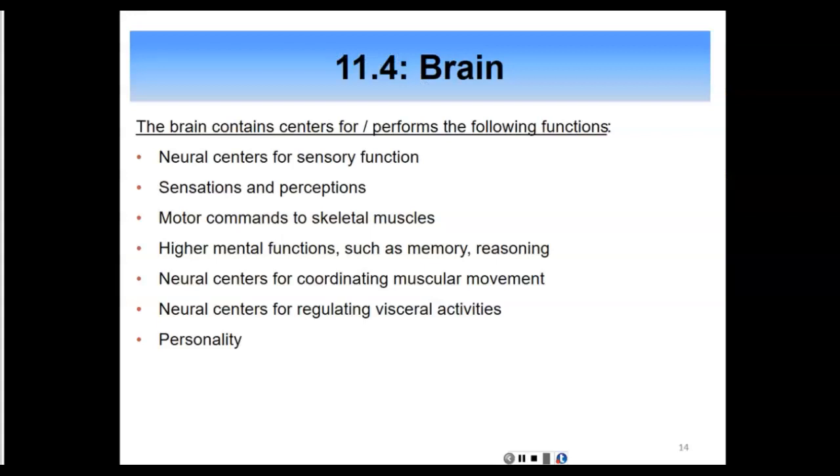All right, moving on to the brain. Well, we were on the brain, but now we're looking specifically at the parts. For functioning, it's kind of common sense, but basically this is our neural centers for sensory function, sensation and perception, motor command for your skeletal muscles, higher mental function such as memory and reasoning, neural centers for coordinating muscle movement, and neural centers for regulating visceral activity, so organ activity, as well as personality.